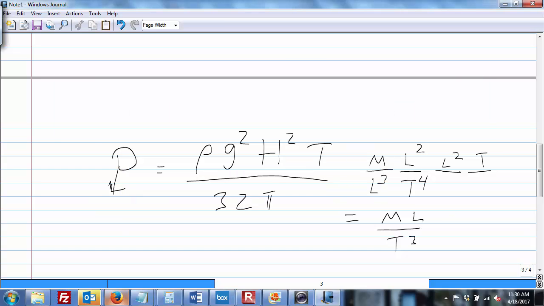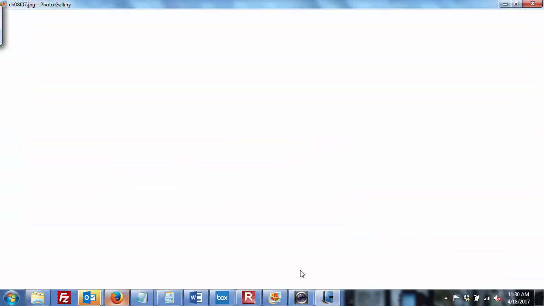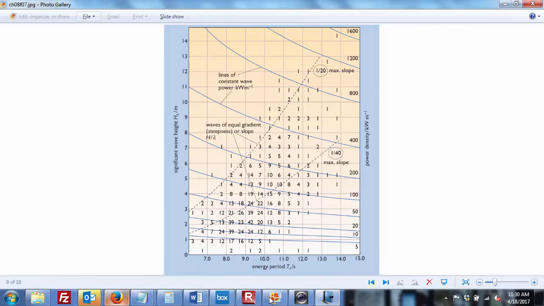All right, this is misbehaving. I'm going to have to reboot in a second. But let me just finish this last little bit up. So if we take this T, for example, you could imagine putting 22 in there. There's your height, the density of the water, and from that you can get the power from that little chunk of the graph.